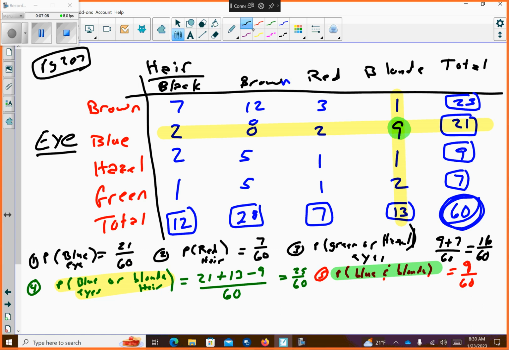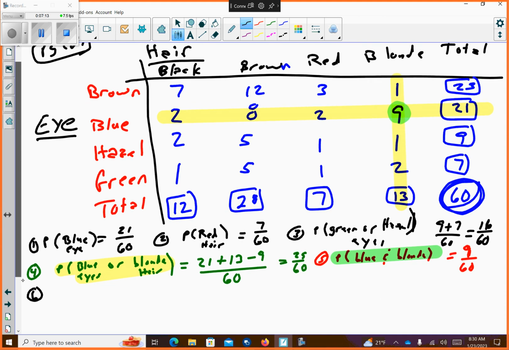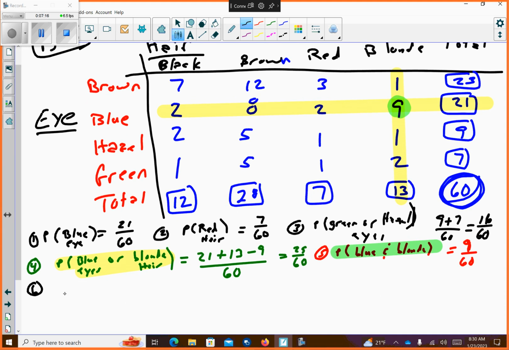All right, number 6, the probability that the person has brown eyes and brown hair.